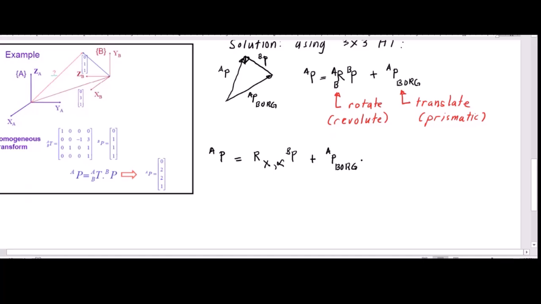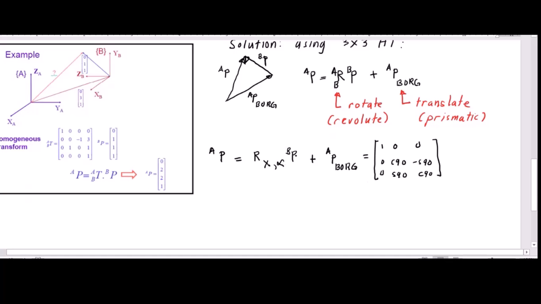Now substitute. This is equal to the matrix of Rx alpha, that will be 1, 0, 0, 0, and alpha is 90, because you can see in the graph, it's rotated 90 from here to here. So cosine 90, sine 90, and this is 0, minus sine 90, cosine 90.